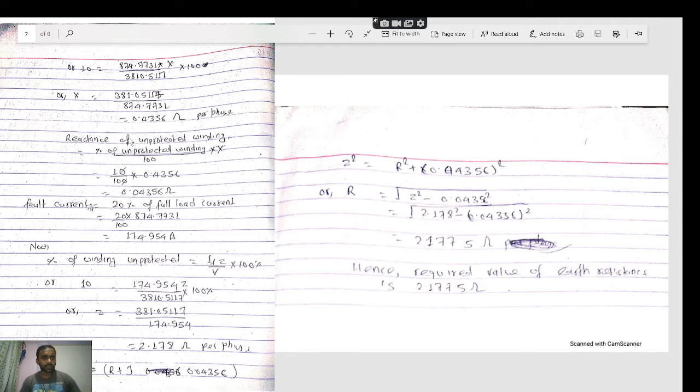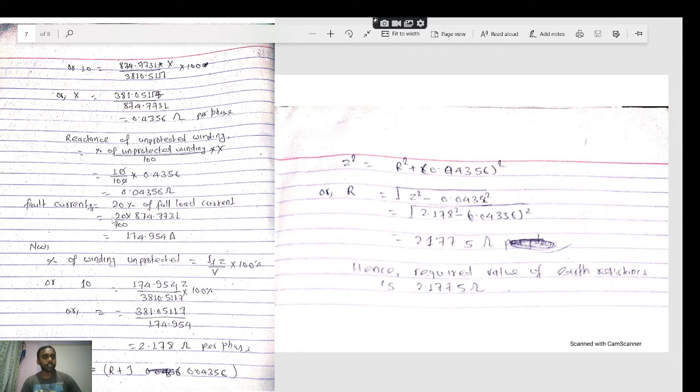Now the reactance of the unprotected winding equals the percentage of unprotected winding divided by 100 into the total reactance of the winding. The unprotected winding is 10%, so 10 divided by 100 into the total reactance 0.4356. So the reactance of the unprotected winding equals 0.04356 ohm.